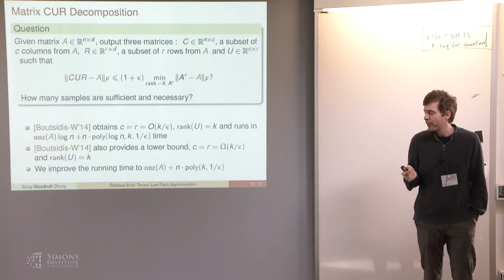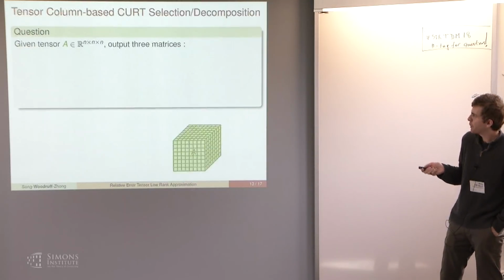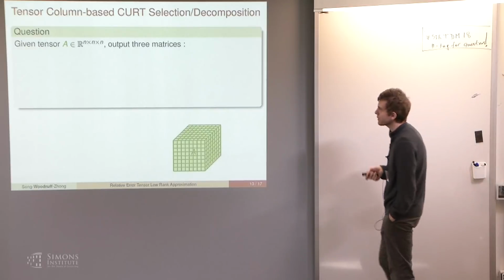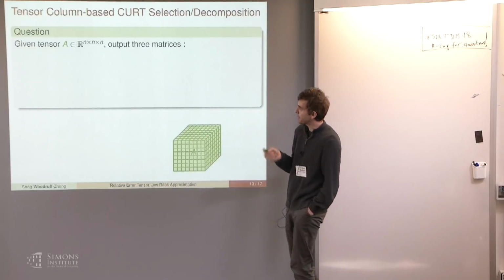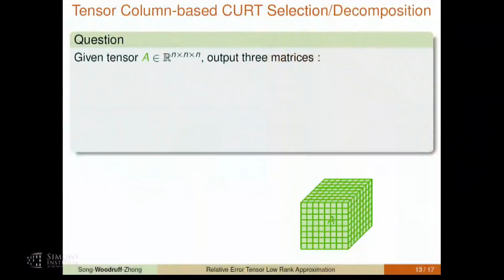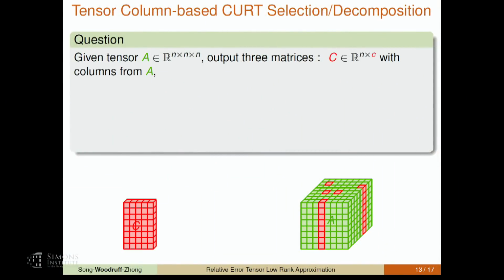But what I would say is more important is that we give the first analog for tensors. So for tensors, here's your n by n by n tensor. And what you want to do here is choose a subset of columns. So here's this matrix C. It's choosing some columns arbitrarily in this cube. You should choose a small number of columns.